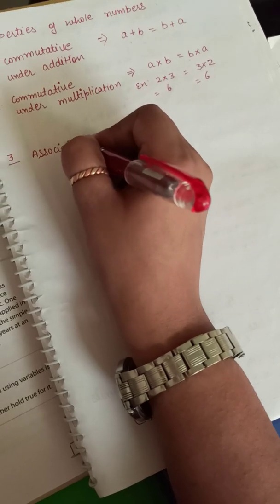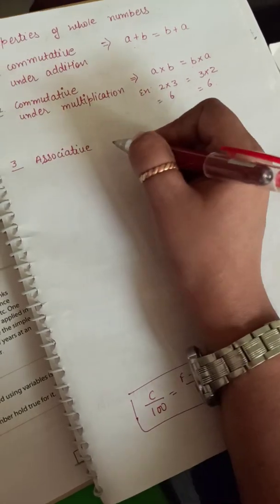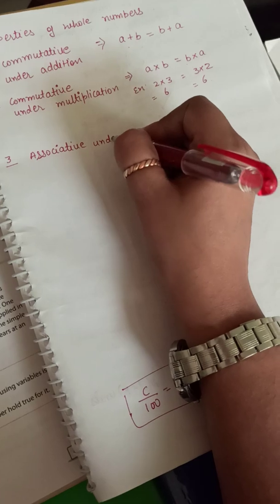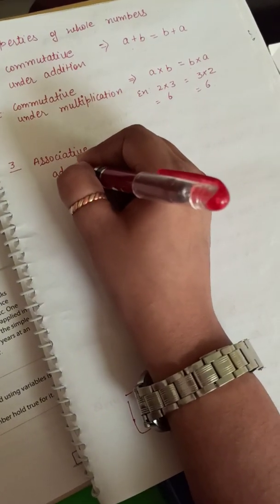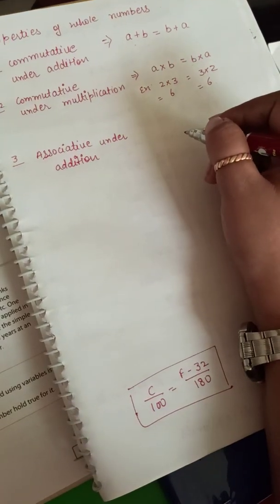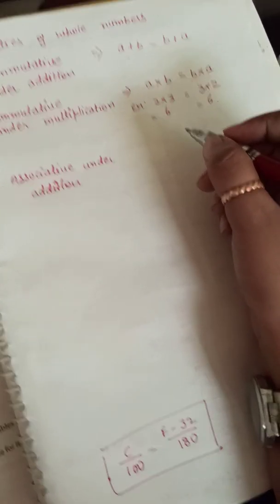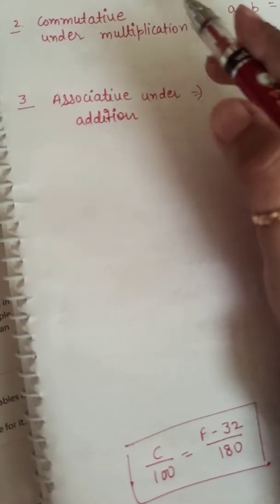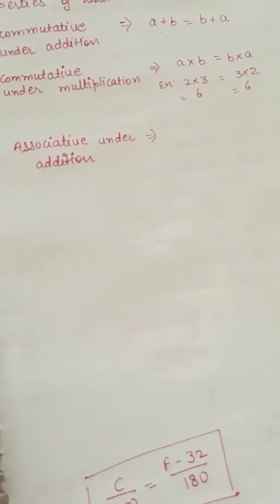associative under addition. In associative properties, see, in commutative we are using 2 identities.